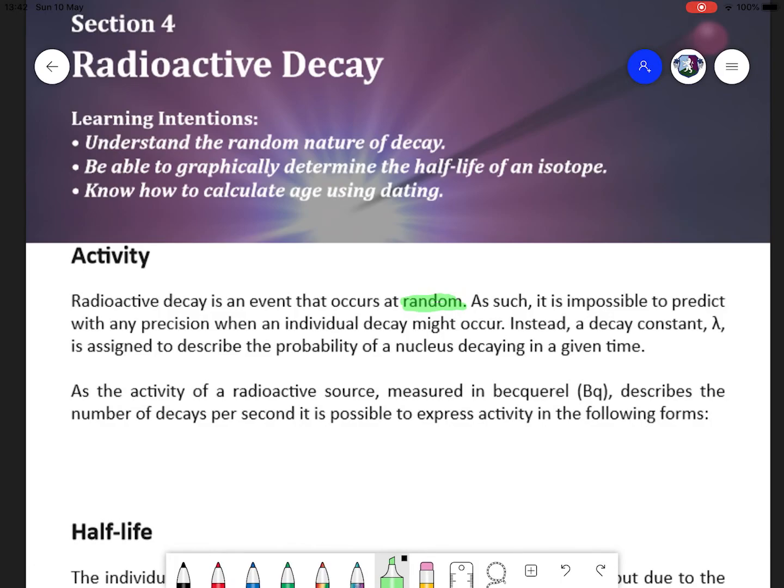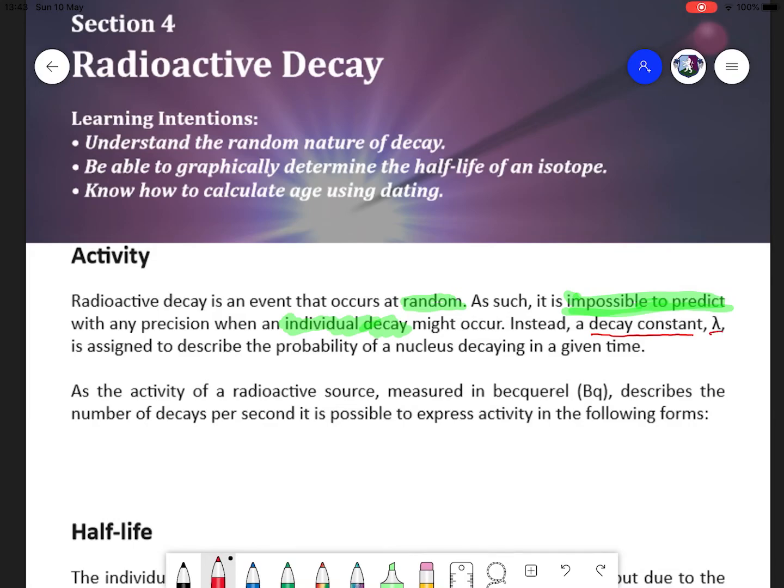Now, this is an impossible thing to predict, hence random, whenever we're talking about a single individual decay, one single nucleus breaking down.